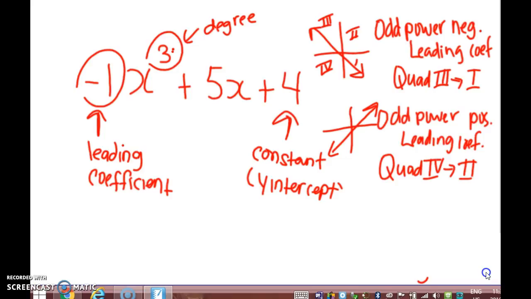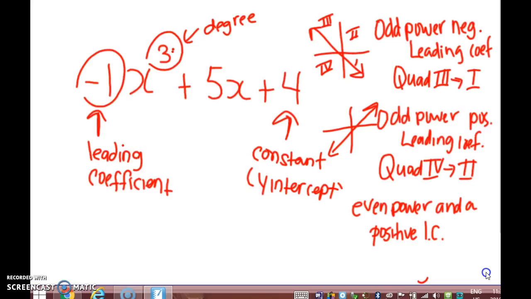So what if we had an even power and a positive leading coefficient? I'm just going to put LC for leading coefficient so we don't have to write it every time.